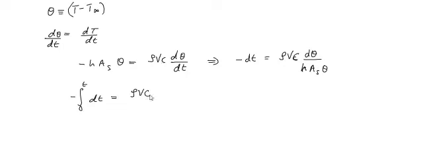All these things are constant for a particular fluid and particular substance. So ρVc, and h is also a constant, so that will be from θi. We know that at time t equal to 0, the initial value of θ is θi, and then let us say it is θ at this point, so this is dθ over θ.